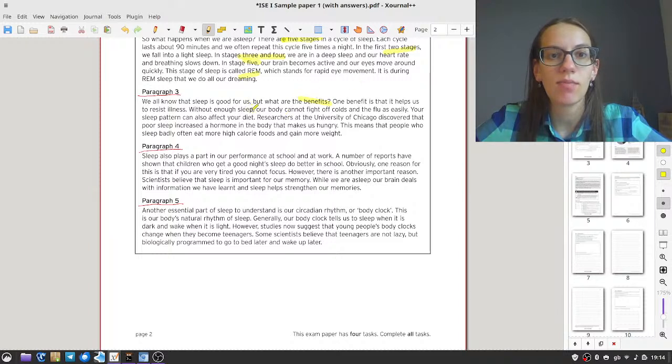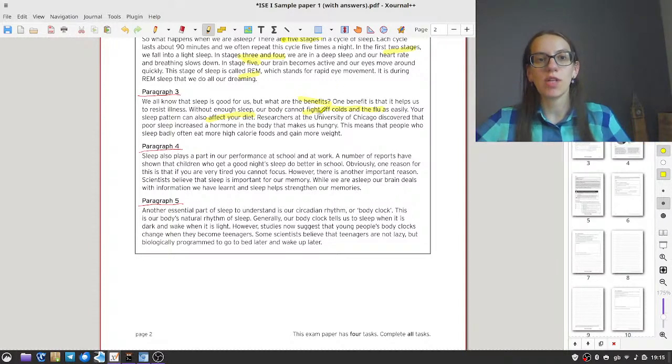And here we also have how it affects your diet, how people who sleep badly often eat more high-calorie foods. Yeah, it affects your diet. And there's also information about fighting off colds and the flu.